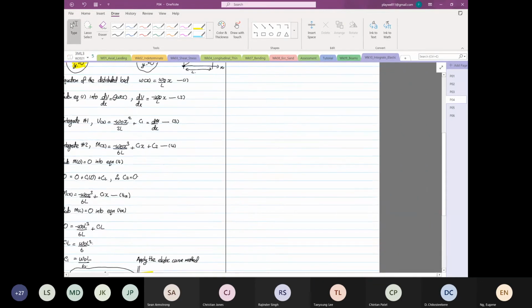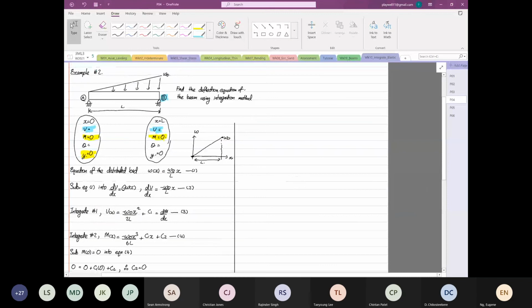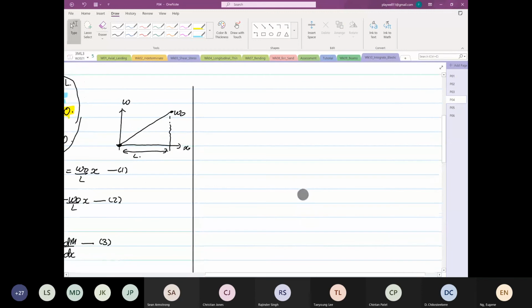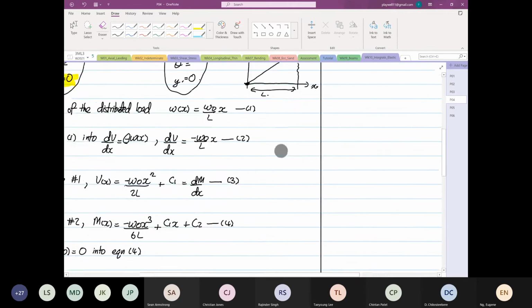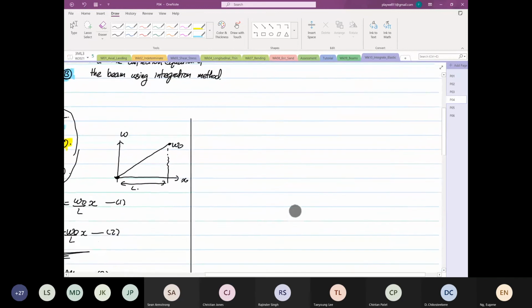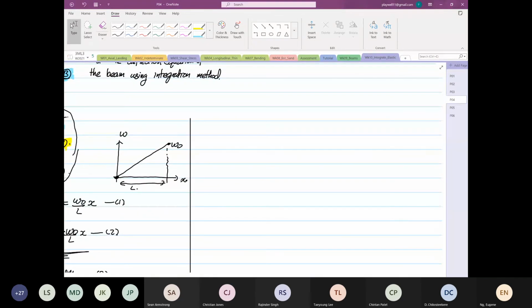So I'm going to show you how to find the moment equation again. I just want to show this in case some of you don't find it comfortable to use this expression over here. You want to use positive shear, positive bending moment. You can. The answer should be the same, so I will show you it is the same.